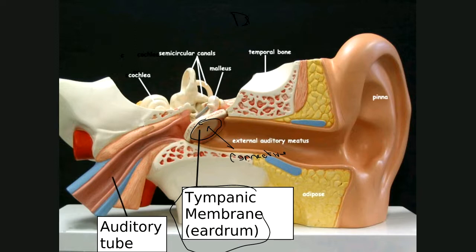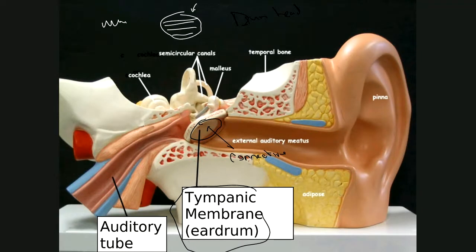So if you think about a drum head, it's made out of some sort of skin or something like that, and the drum head is stretched. And so if you beat on the drum head with a stick, it's going to vibrate, and that vibration is going to produce a noise. Well, the same thing happens here.